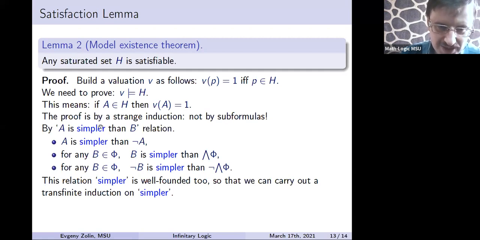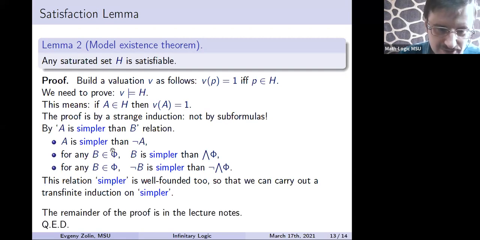We could simply prove this statement by induction on the construction of the formula A. But here, since we did not introduce disjunction, we do it like this. So, of course, there are some technical details in this proof by induction. It is not very straightforward. There are some subtleties, so you can see them in the lecture notes.